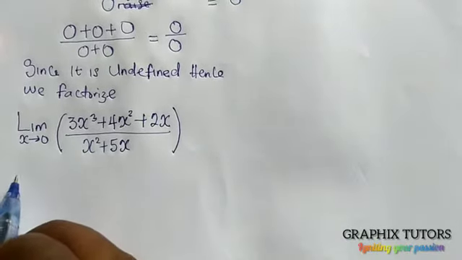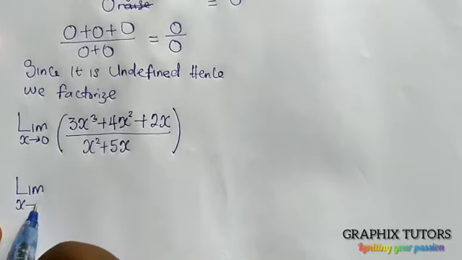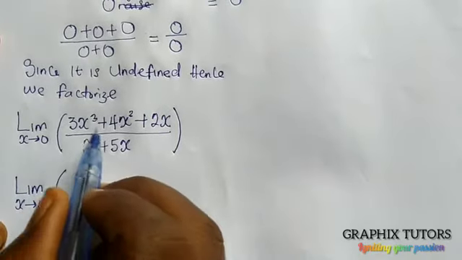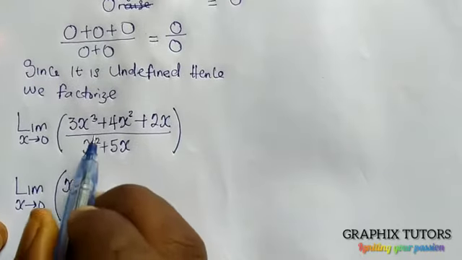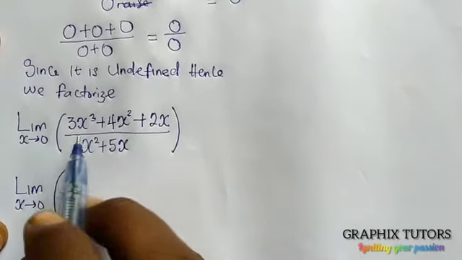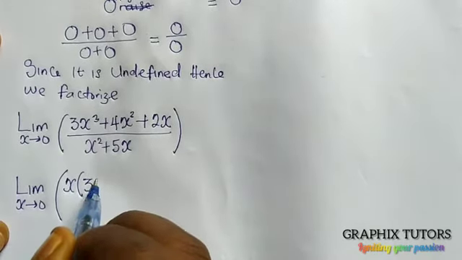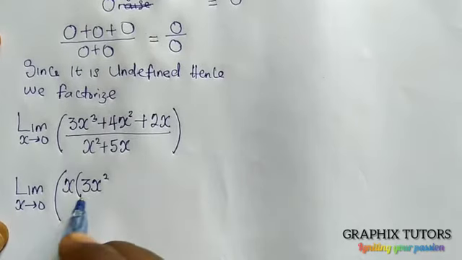Since x is common, I am going to bring out the x that is common. So I'll put the limit of x tends to 0, and I have my bracket, right? Since x is common, if I bring x out, it means I'm going to divide through by x. If you divide x cubed by x, you'll have x squared. So we'll have 3x squared remaining, because I removed one x outside.